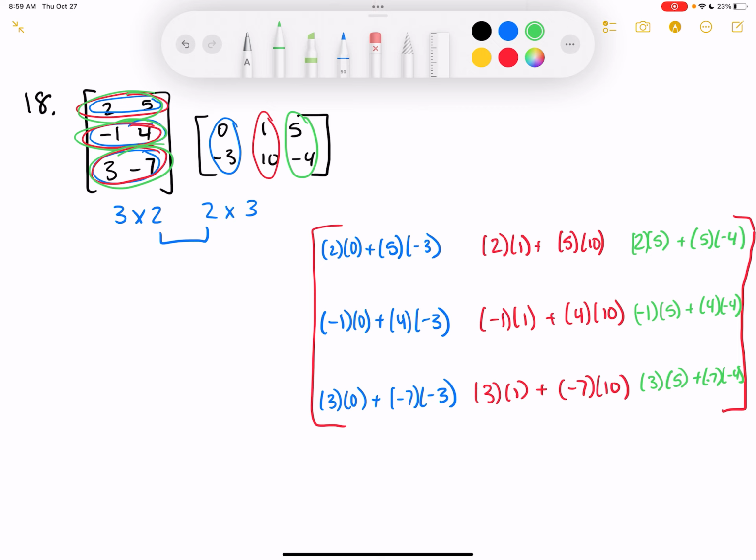So you're going to type these two matrices into A and B, just like we did yesterday.